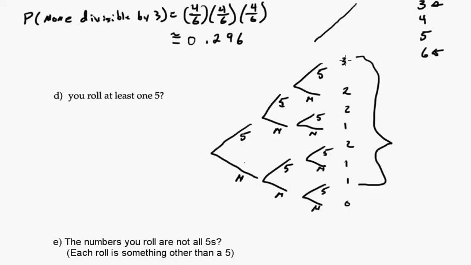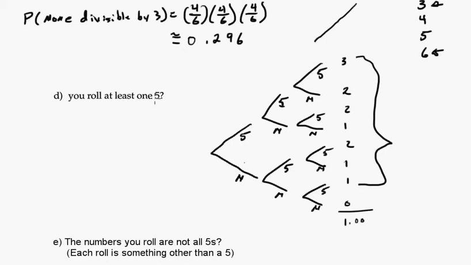I want the probability of getting the three 5s, the 2s, and the 1s. That's a lot of work multiplying this all out. So why don't I just multiply this one and subtract from 1, because the sum of these probabilities should add to 1.